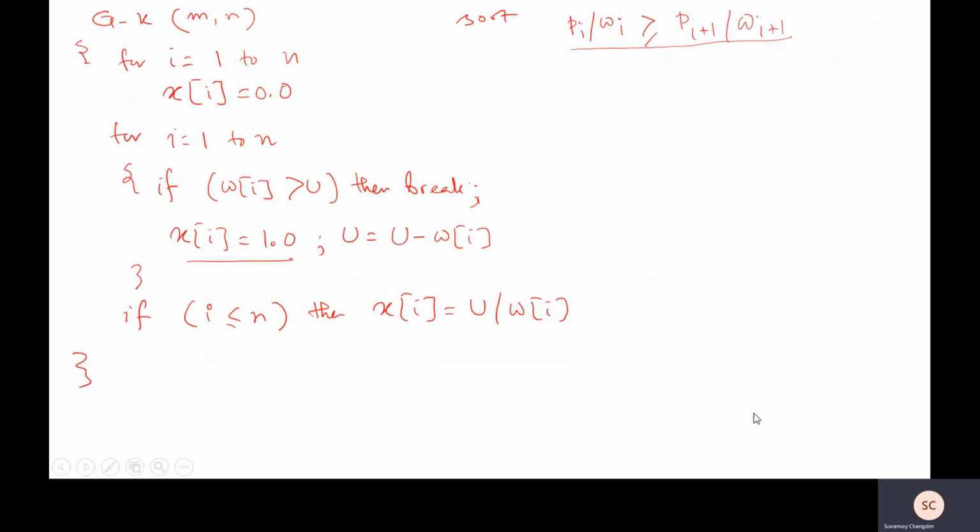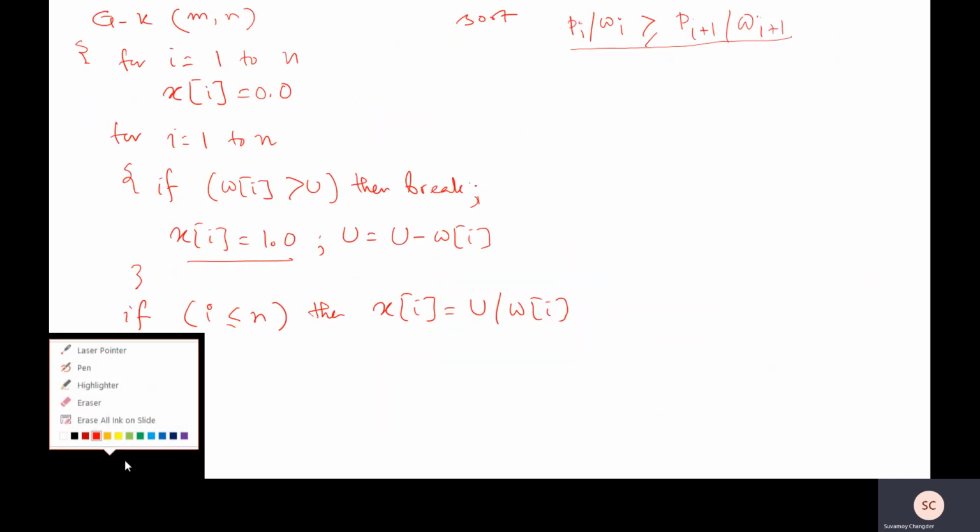Okay. Here I am erasing all this. Okay, so this is done. Now think about one scenario, that x is like this.